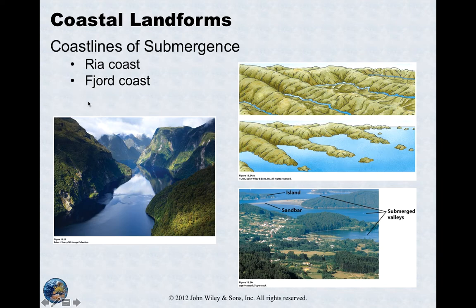And then a fjord coast looks very similar to the Ria coast. The difference is that the fjord is created from a glacier. So a fjord is created from a glacial valley. And a glacier is a gigantic frozen river. It erodes these huge U-shaped valleys.